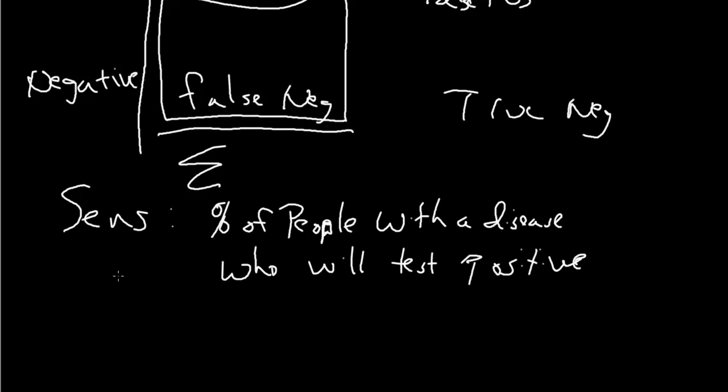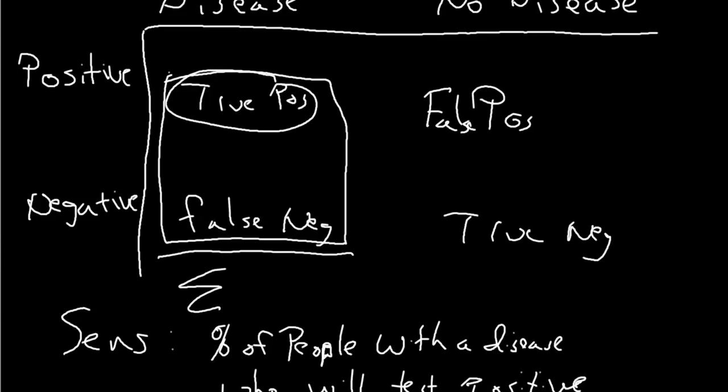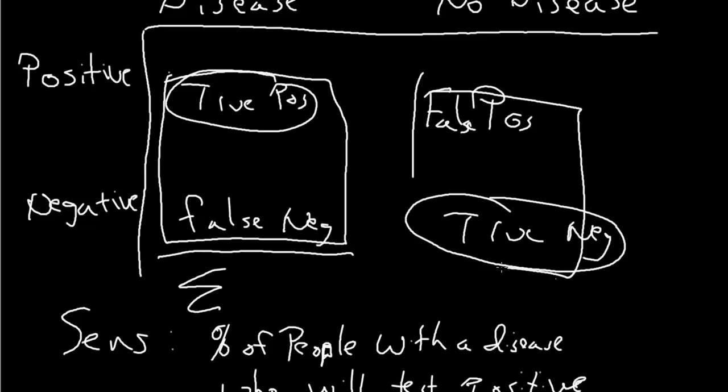Okay. The next thing we want is the specificity. And the specificity is going to be the number of true negatives divided by this number. Well, my box isn't a good box, but you get the idea. True negative plus false positive.